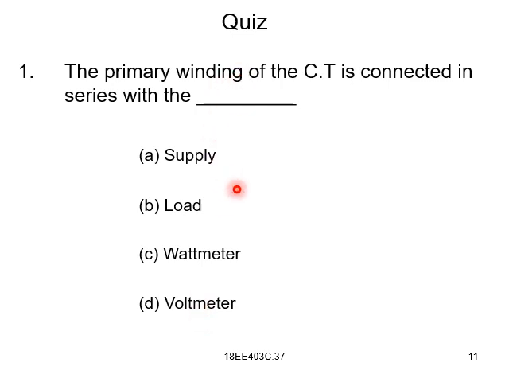We can simply say from viewing the connection diagrams that the primary winding of the CT is connected in series with the load, as we saw in the previous cases for single phase and also three phase power measurement.